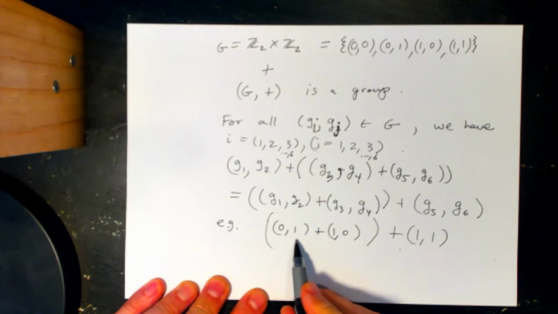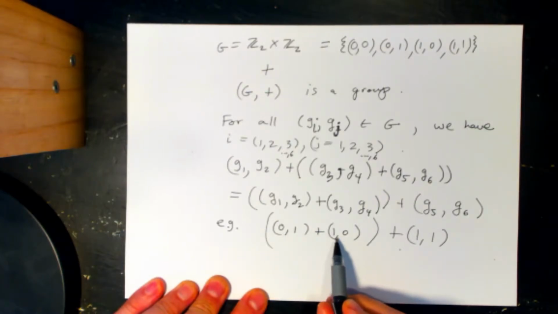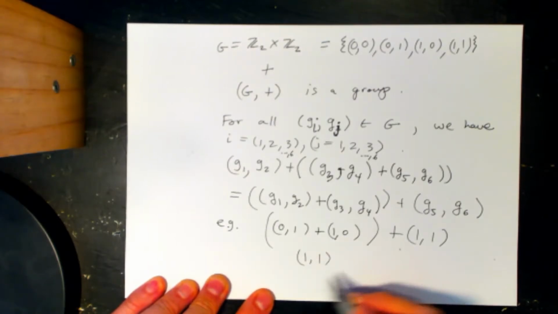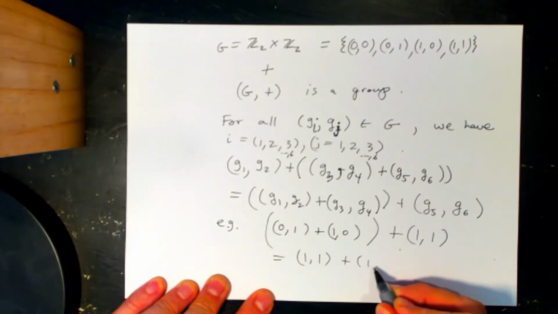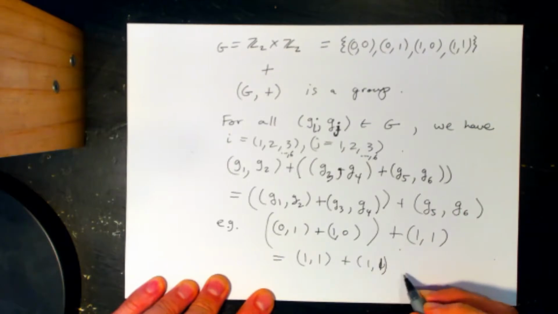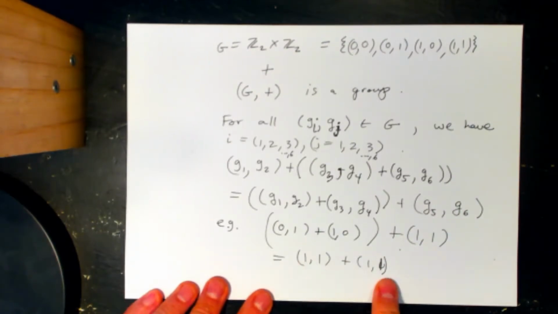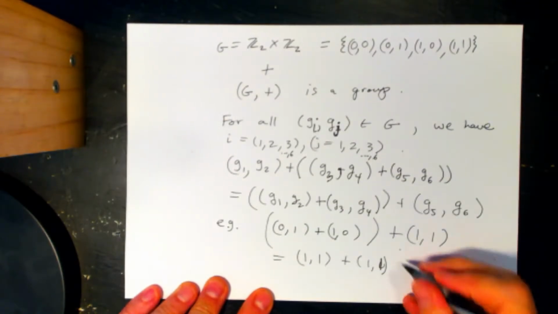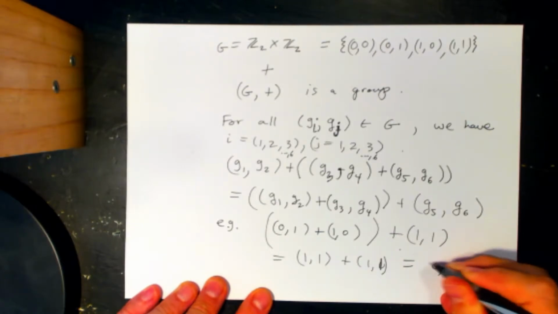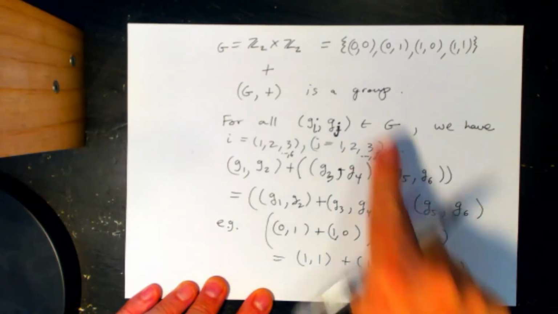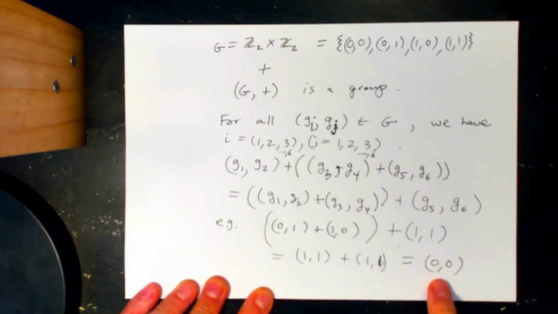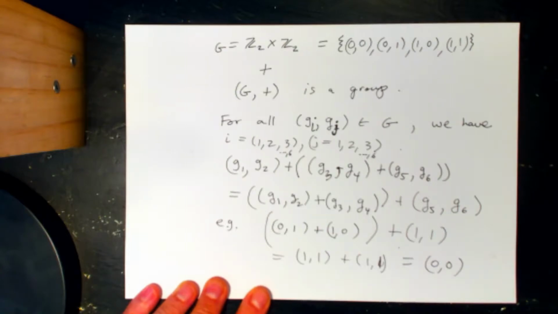We would get (1, 1), because 0 plus 1 is 1, 1 plus 0 is 1. So we have (1, 1) plus (1, 1). Now when we add these two together, we're working modulo 2. So we have (2, 2), but we reduce this mod 2 and we get (0, 0). So we can see it's closed. It's an element of this set. This is actually the neutral element of this set, which we'll soon talk about.